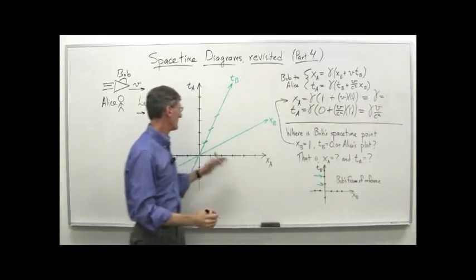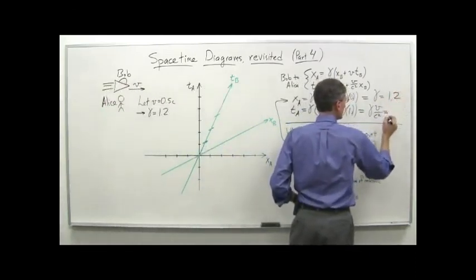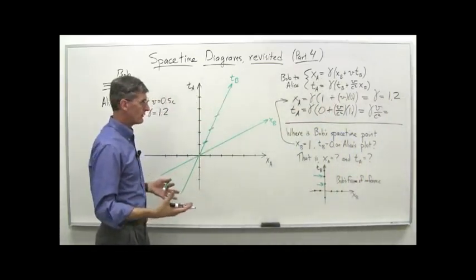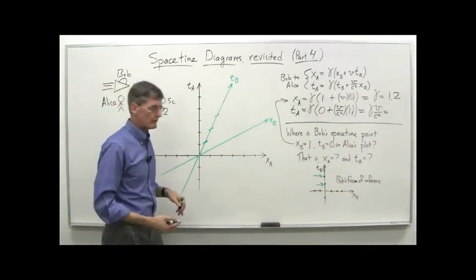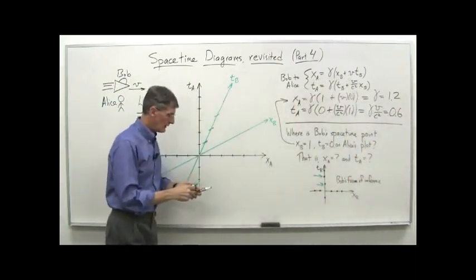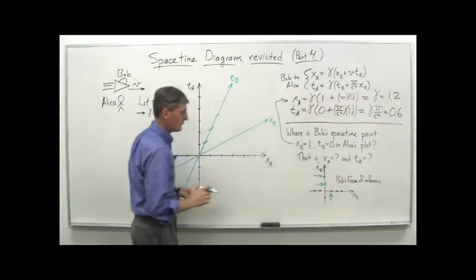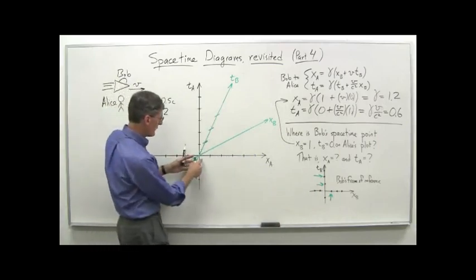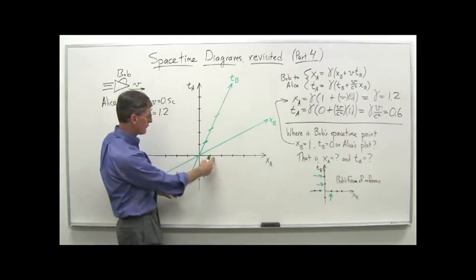And putting some numbers in here from before, gamma is 1.2. And c squared is going to be 1 for our units of light years per year. So I've got gamma times v, and that's going to be 0.6. So now we have this point right here, and that one's going to come over here in Alice's coordinates to x sub a equals 1.2, so about right there, and t sub a equals 0.6.